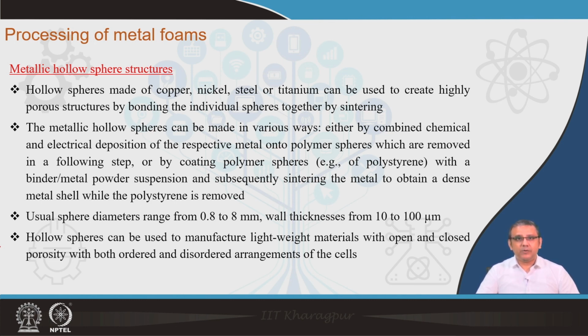That is why those processes were limited to low melting metals or light metals like aluminum and magnesium. However, this is one technique which can be used for fabricating any kind of metal, even superalloys or copper, nickel, stainless steel. All these materials can easily be fabricated into a cellular or porous metal structure using this process.